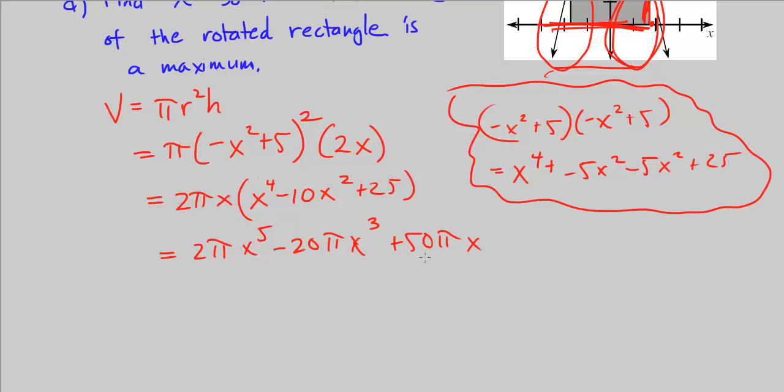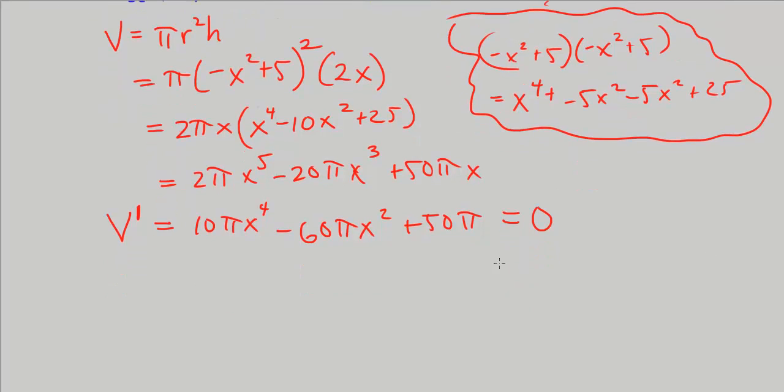Okay, now we want to take the derivative to find the maximums and minimums. So V prime is going to be 10 pi x to the 4th minus 60 pi x squared plus 50 pi. Alright, now this is what we want to set equal to 0, right? So let's set it equal to 0, and now we want to solve for x. So what I'm first going to do is just factor out 10 pi.